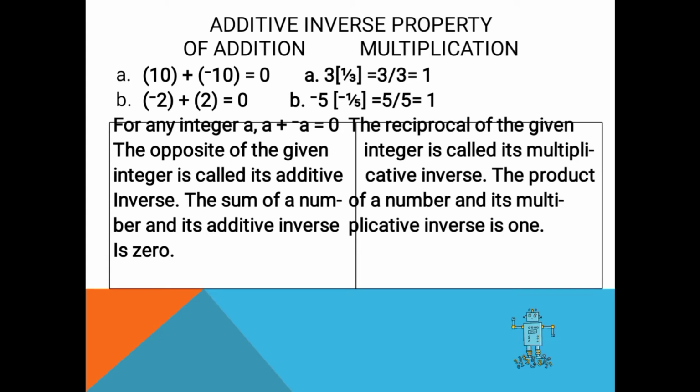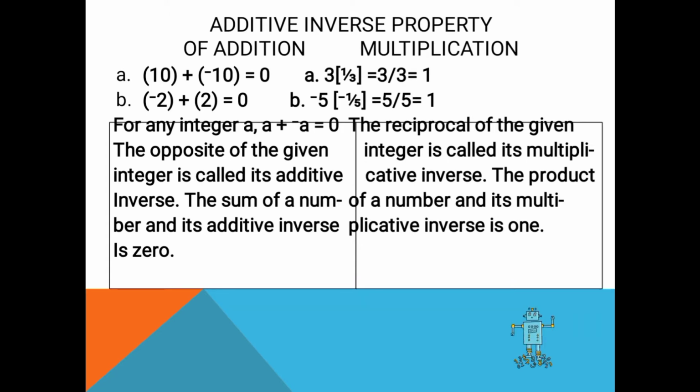Let's proceed to the additive inverse property of addition and the additive inverse property of multiplication. In addition, A, 10 plus negative 10 is equal to 0. B, negative 2 plus 2 is equal to 0. So for any integer a, a plus negative a is equal to 0. The opposite of the given integer is called its additive inverse.